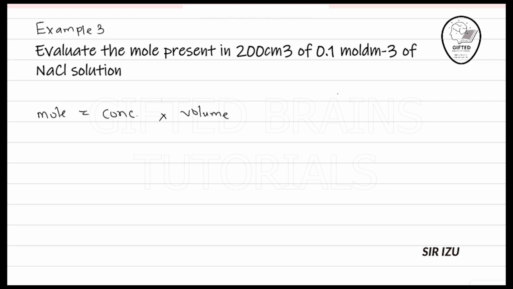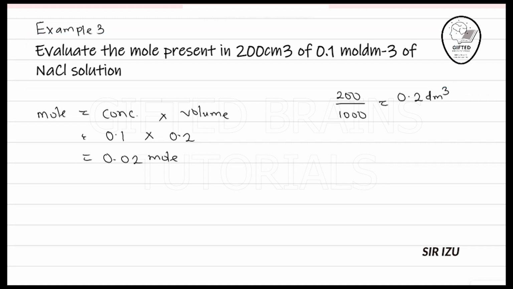To convert, just say 200 over 1000, and that will give us 0.2. So it's 0.2 dm cube now. Hence, I will simply say concentration is given as 0.1 mole per dm cube times the volume, which is 0.2. So upon evaluation, we have 0.02 mole.